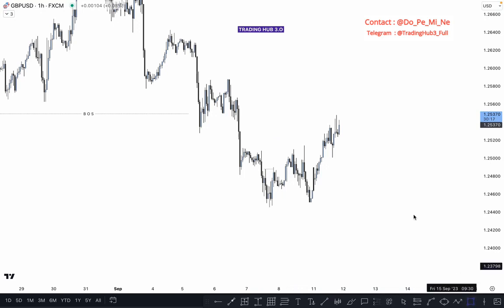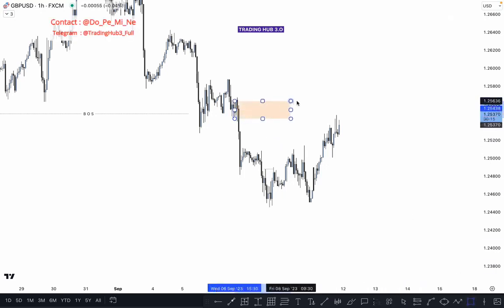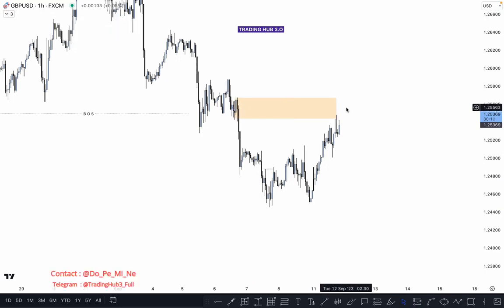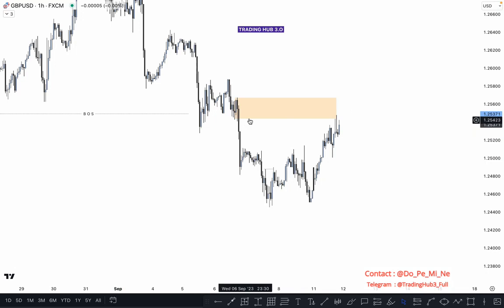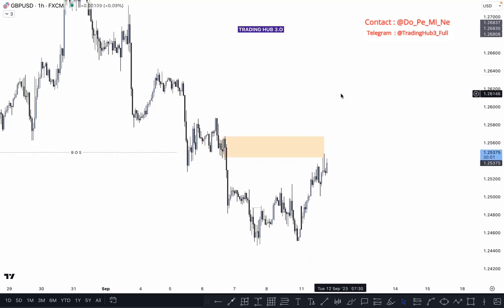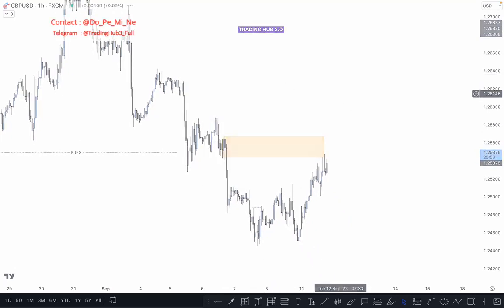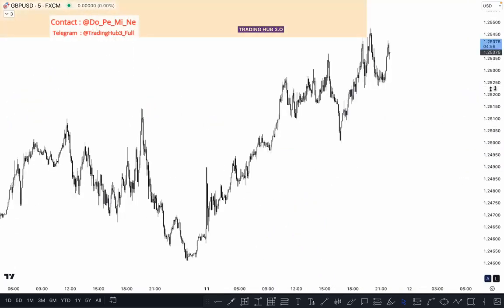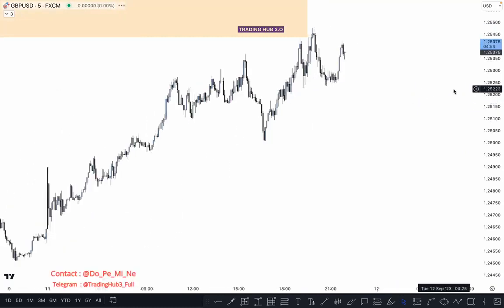But where is our order flow, where can we expect it? This one, the last buying momentum before the drop. Price taps here on your decisional POI. So there is a very high chance that after taking out the inducement and price tapping the unmitigated order flow, we can expect a downside move. You have to switch here to the 5-minute time frame, and this is the 5-minute time frame.